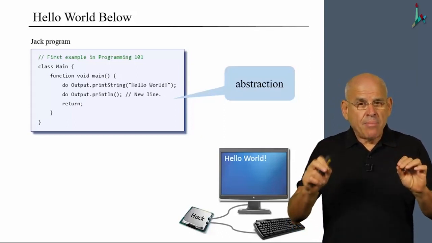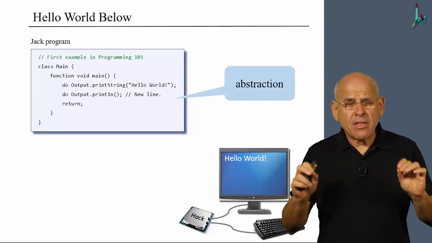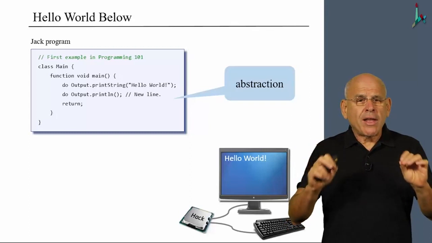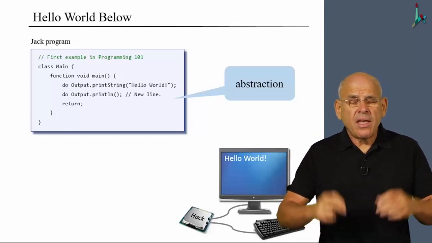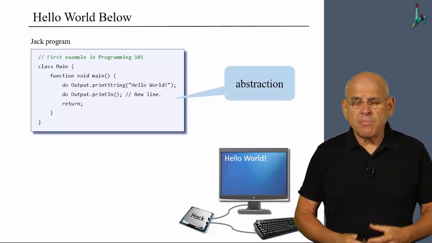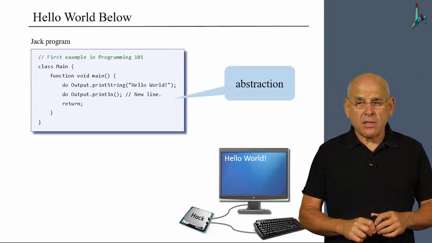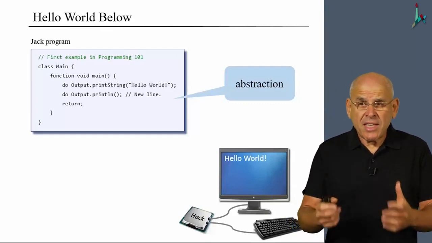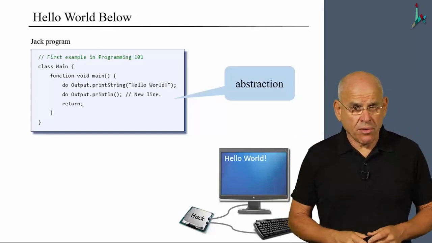Now, being able to hide low-level technical details from the users of your system is an extremely important principle, not only in computer science, but in any large-scale scientific or technological project. Because you see, high-level programmers have enough problems of their own.